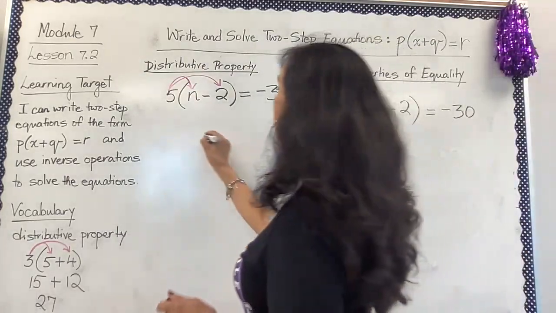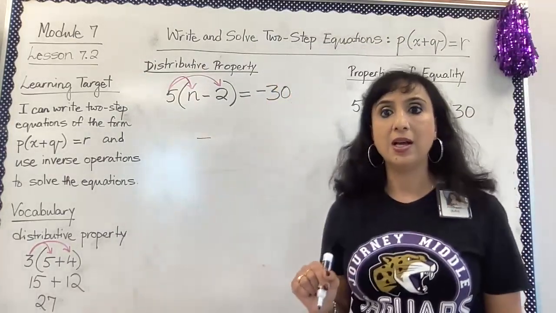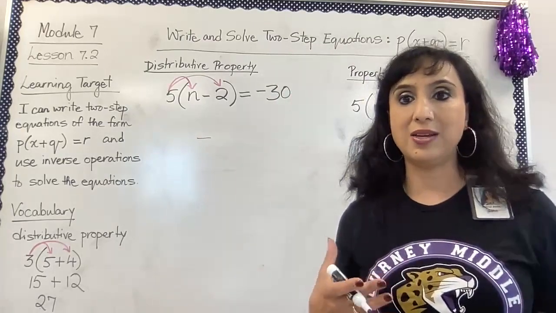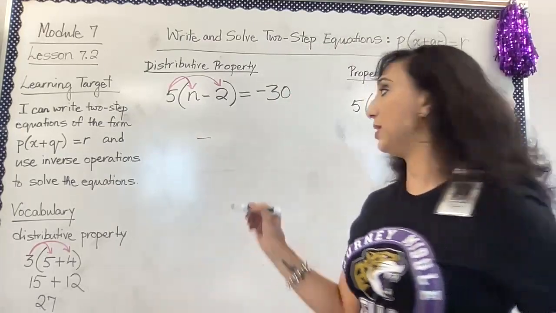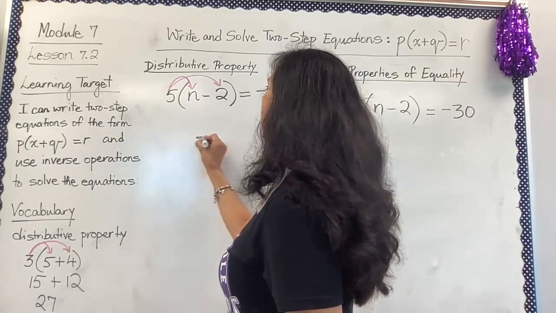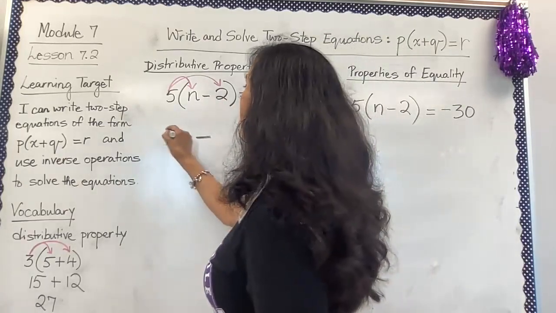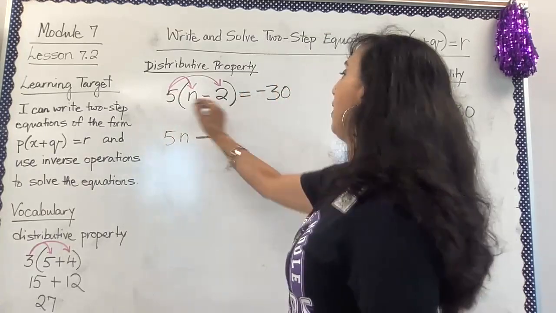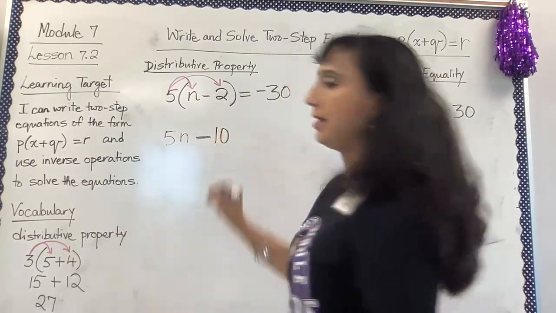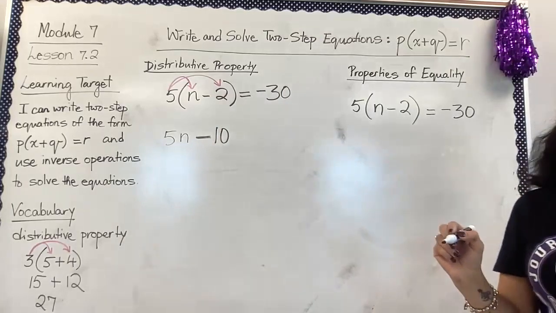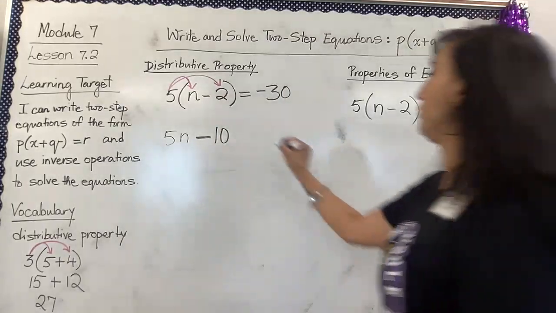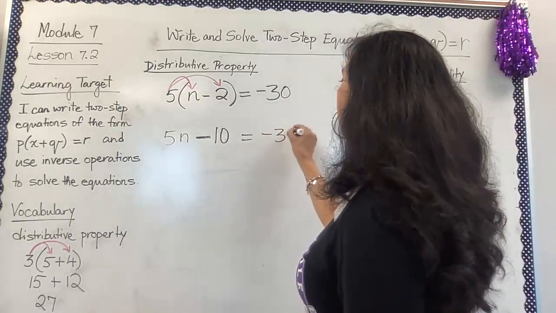So you want to write the minus here so we don't make a mistake, and we don't automatically assume that it's addition. That is the biggest thing. So make sure you write the minus over here. 5 times n is 5n minus 5 times 2 is 10, is equal to negative 30.